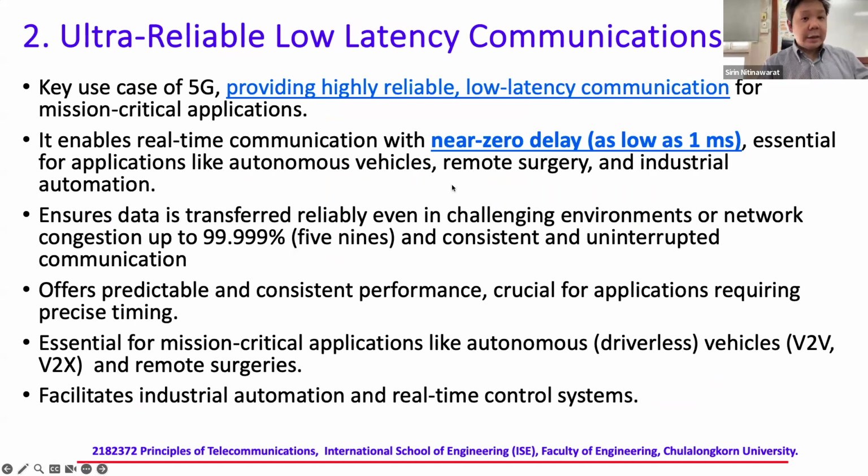Okay, next one is URLLC. Again, the key here is high reliability and low latency, as low as 1 millisecond. High reliability means 99.999% of the time the network should be available, and communication should be uninterrupted.